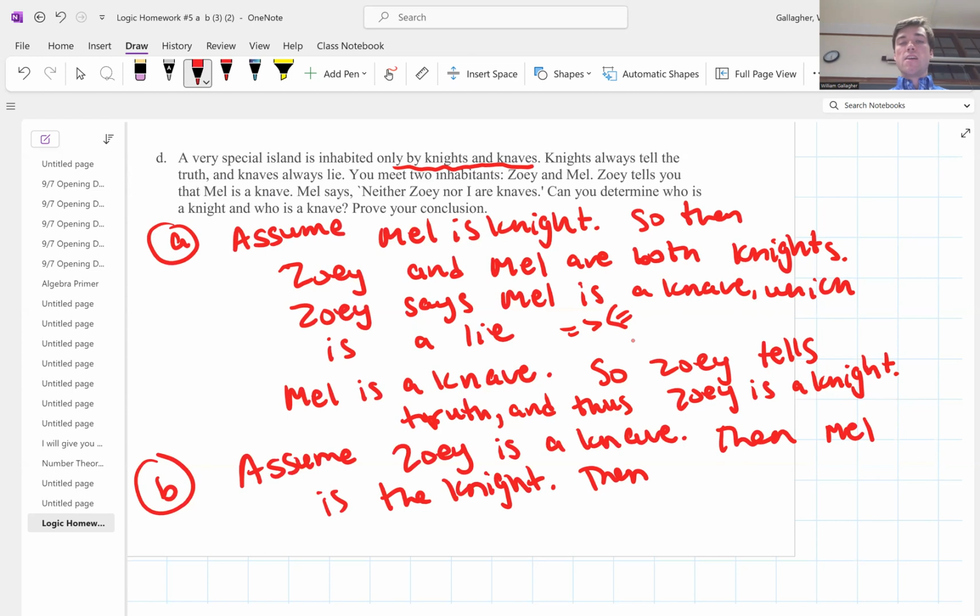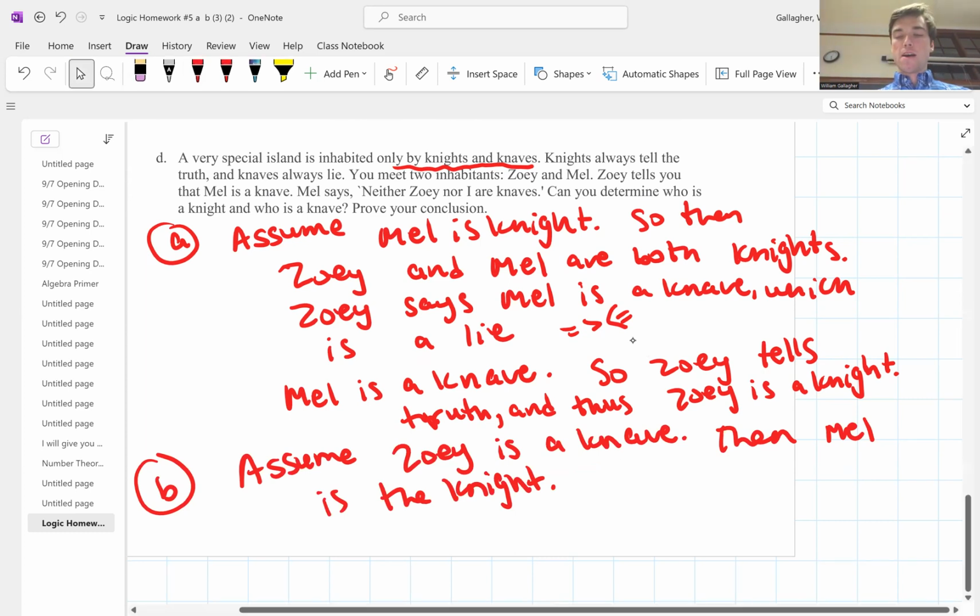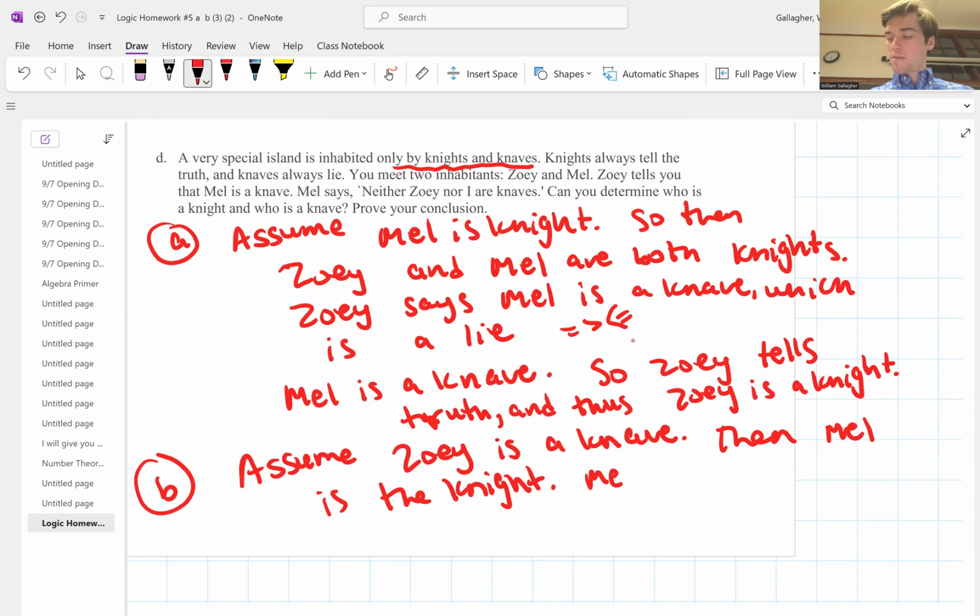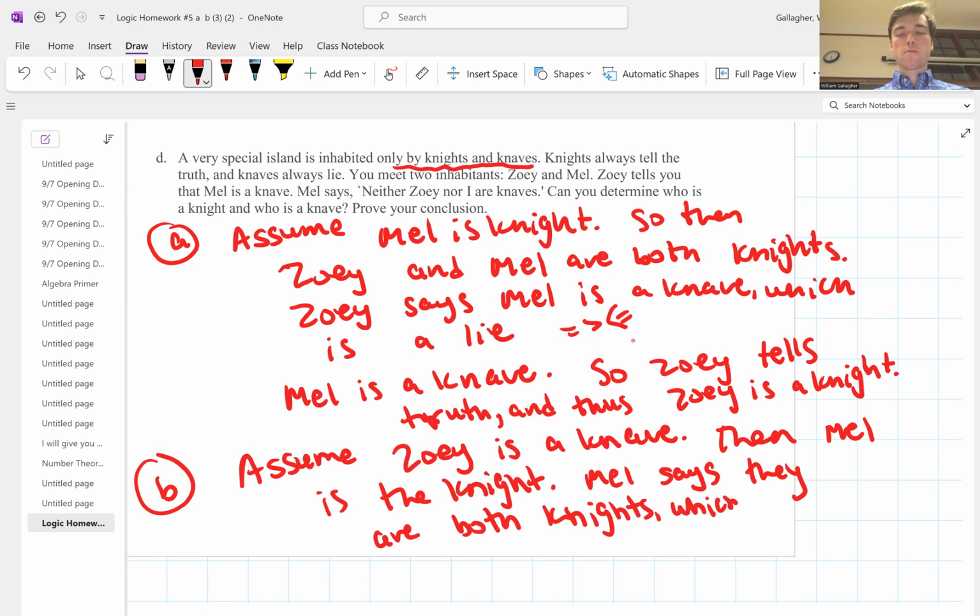And then her statement, right, about neither one of them being knaves, that means that they're both knights. Then Mel says they are both knights, which is a lie. And if you're a knight, you don't lie. So that's our contradiction.